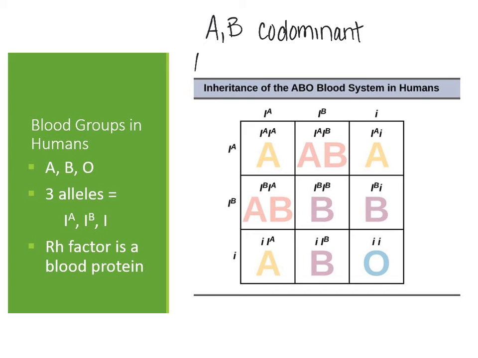And then A and B are dominant to O. So that means if one parent gives you A and the other gives you O, you're going to show A because it has dominance over O. Or if one parent gives you B and the other parent gives you O, you're going to have type B blood because it has dominance. So then the only way you're going to have type O blood is if both parents give you the allele for type O blood. Does that kind of help make sense?